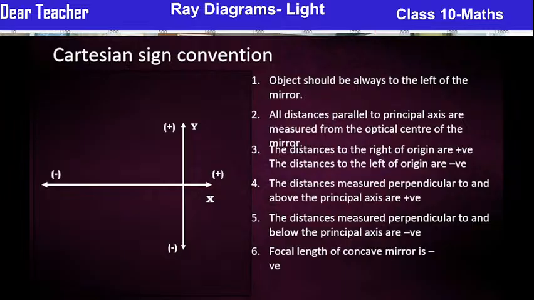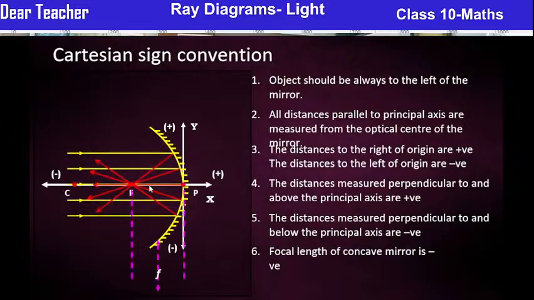The focal length of a concave mirror is always negative because it lies on the left side. This is the concave mirror with pole P, and the focal length is the distance between the focus and the pole. Therefore, the focal length is always negative.